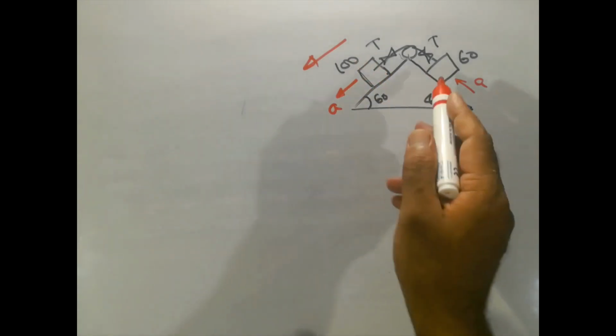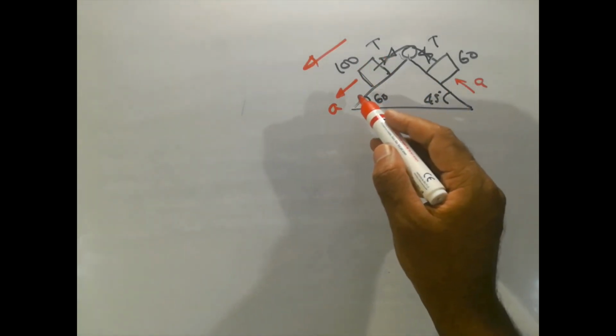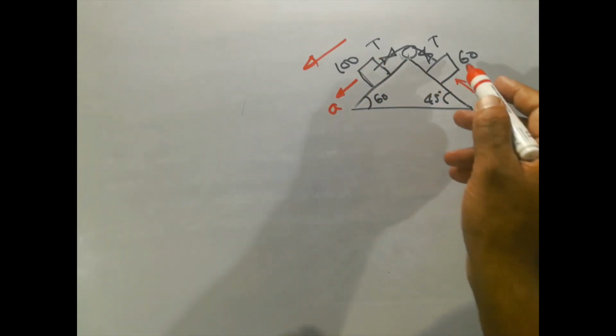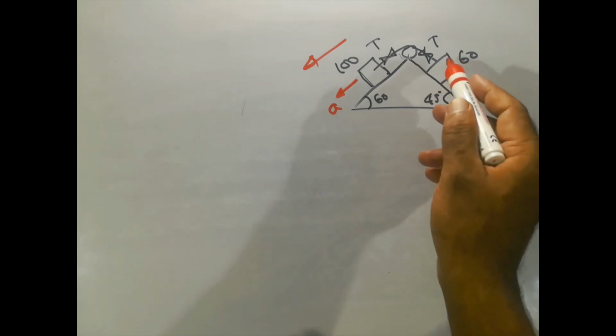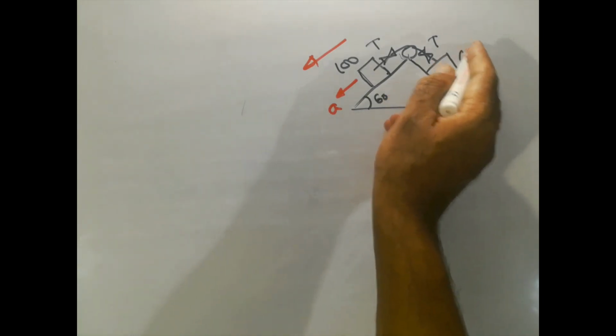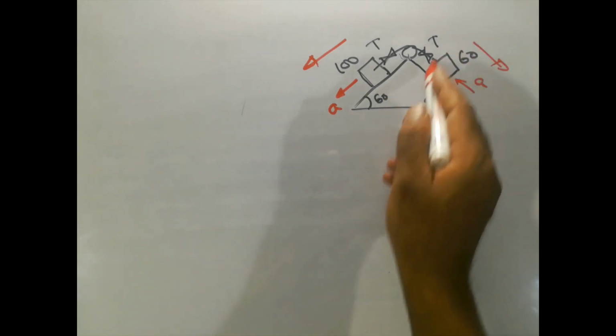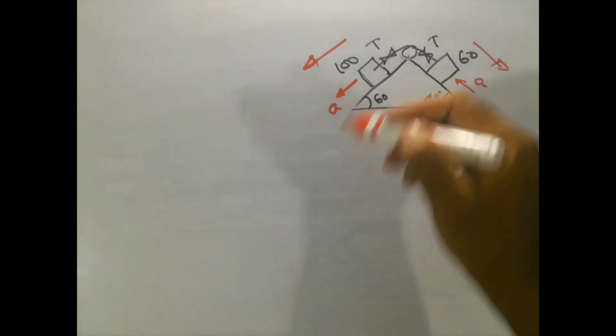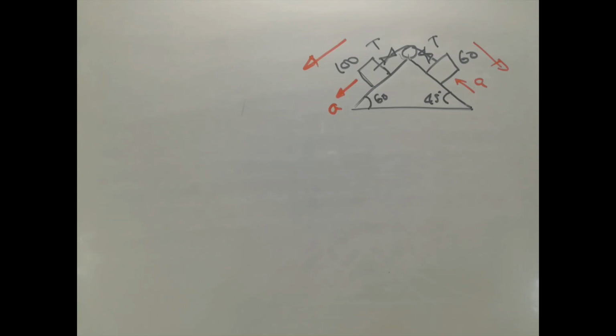The forces opposing it will be the friction between this block and the plane, the friction between the other block and its plane, and the component of the force due to the weight of this block in this direction. These three will be opposing the force of the 100 Newton block.